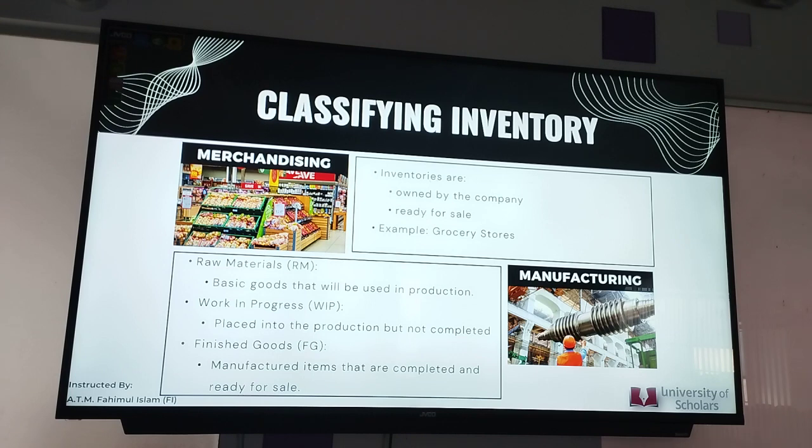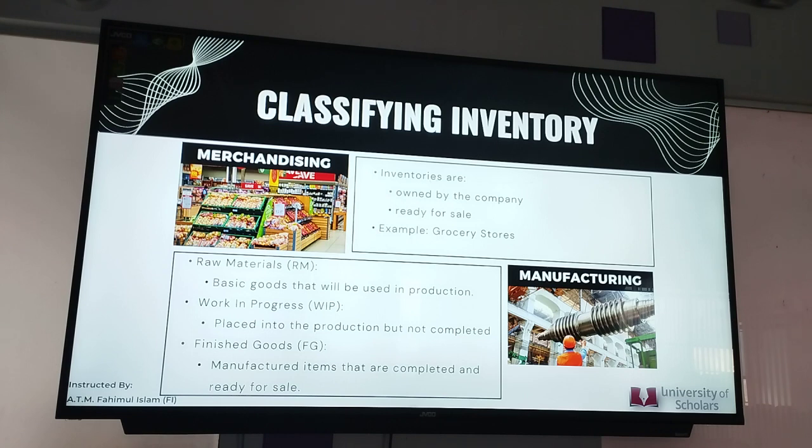We are talking about merchandising inventory and manufacturing inventories. Both have different kinds of methods to record their inventories. First of all, merchandising companies own the products they buy and sell. Those are ready-made products.